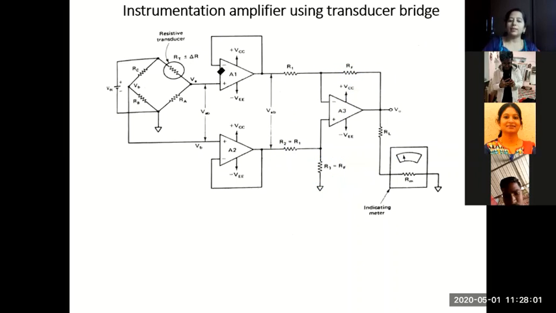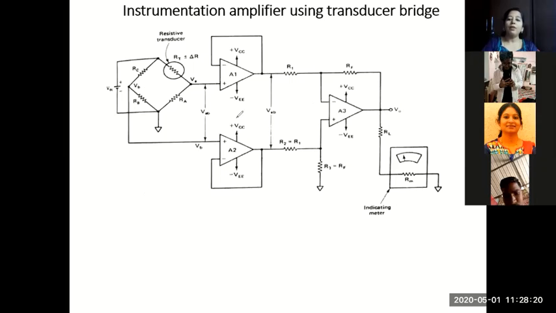These two combined act like an instrumentation amplifier here, and any gain provided by the instrumentation amplifier is only the gain provided by the second stage, the differential stage. This voltage follower will not give us any gain.